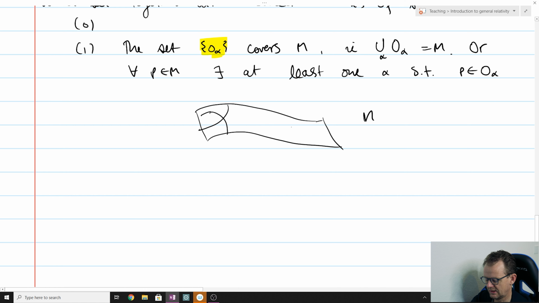Here, M is somehow this curvy surface, and it's covered by these sets O alpha, and every point lies in one O alpha or another. You imagine partitioning up your set M into little pieces, and there's at least one of these O alphas over the top of any point.